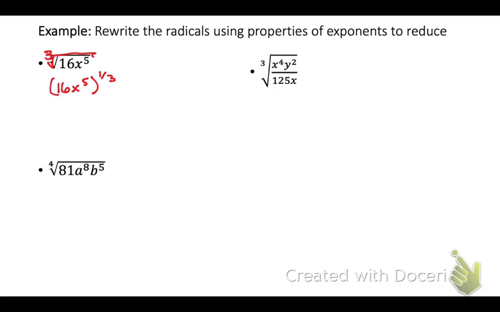So now I've got to simplify. It says reduce, right? So 16 can be broken down to what? 2 to the 4th. So I have 2 to the 4th, x to the 5th, to the 1/3. So that gives me 2 to the what?